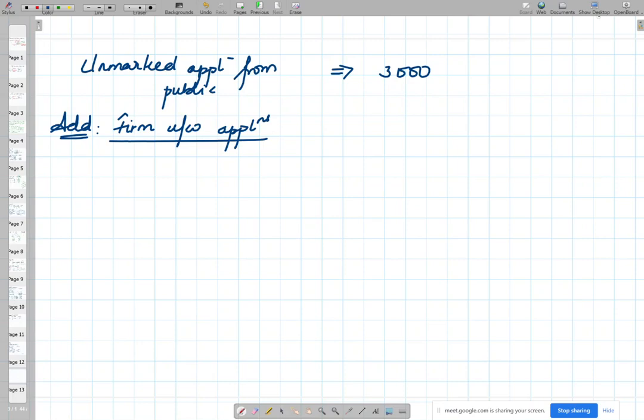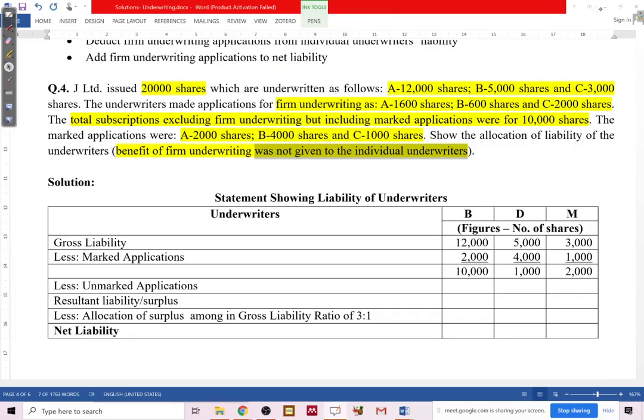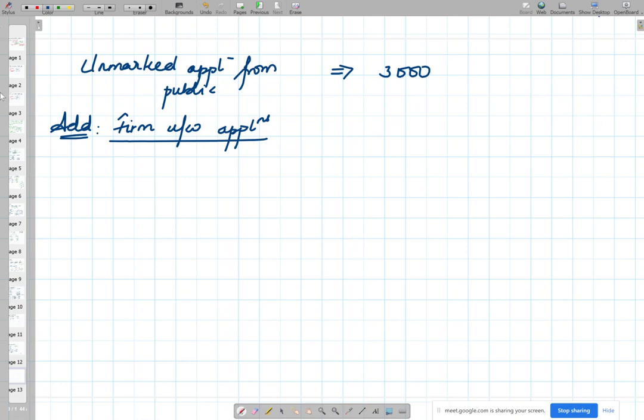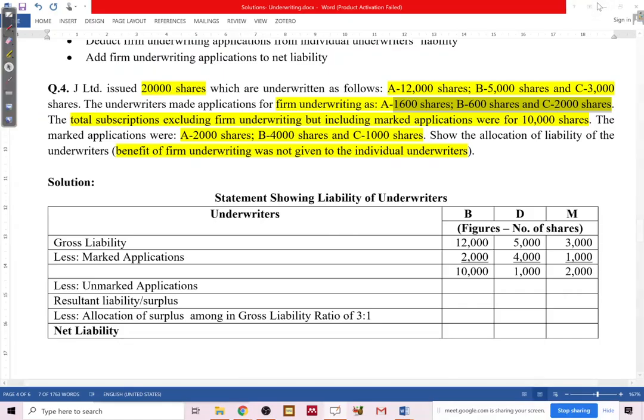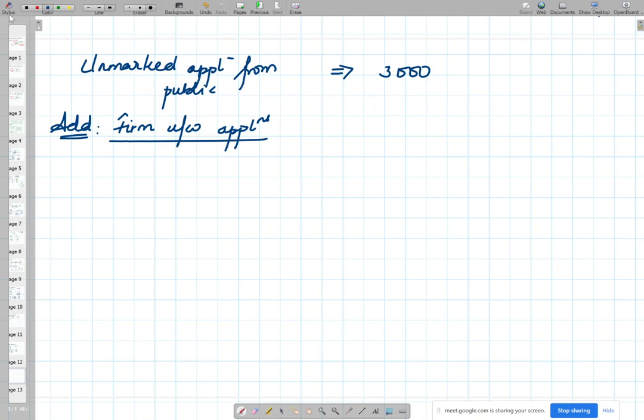So what are the firm underwriting applications? How many? Let's see here: 1600, 600 and 2000. The names are B, D and M. How much is the amount? You may just write the amounts and total them all together, or you may write them separately: 1600, 600, 2000.